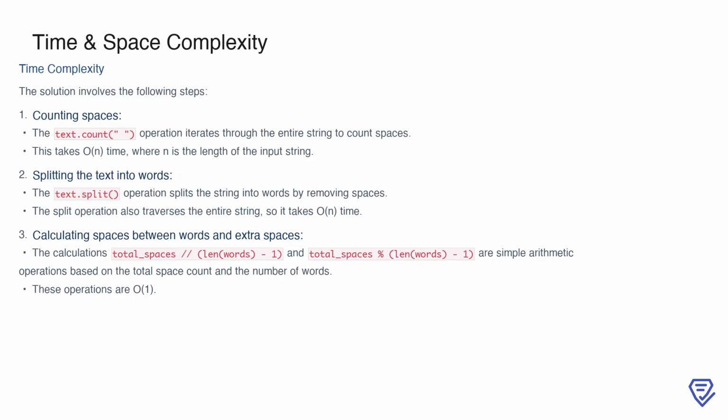Finally, the calculations for spaces between words and extra spaces, like total_spaces // (len(words) - 1) and total_spaces % (len(words) - 1), are simple arithmetic operations that execute in constant time, or O(1). These steps give us a clear idea of the computational cost associated with the initial parts of the solution.